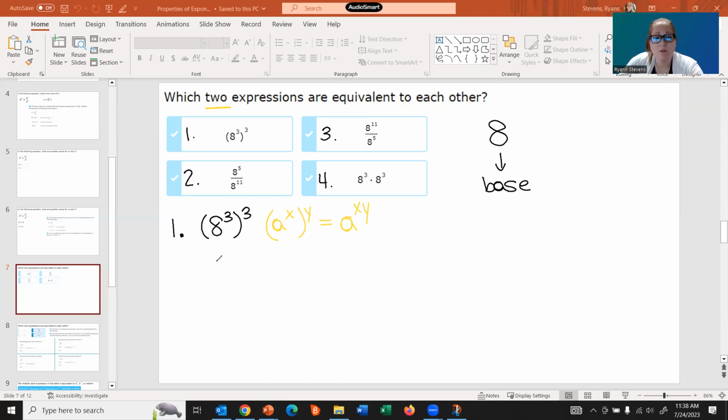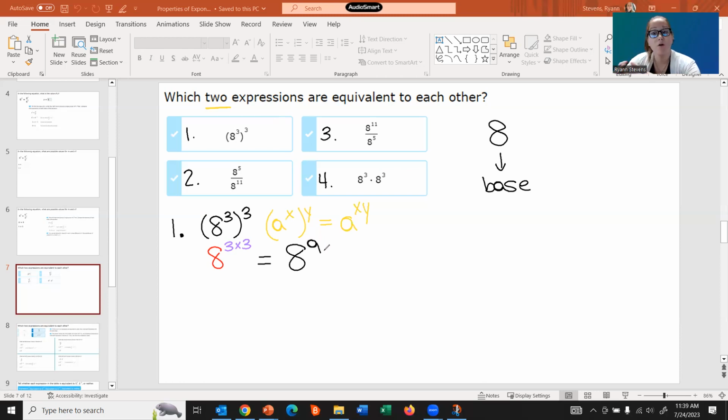So our base is going to stay the same. Then we're going to take 3 and multiply it by that other exponent on the outside of the parentheses. So 3 times 3, which would convert this expression to 8 to the power of 9.